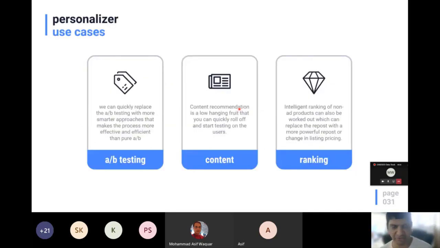So, there are a lot of use cases for personalizers, right? You could do A/B testing, right? You know what your users' choices are, what they have seen in the past. In the case of Netflix, you can get much smarter with the knowledge that you have collected.